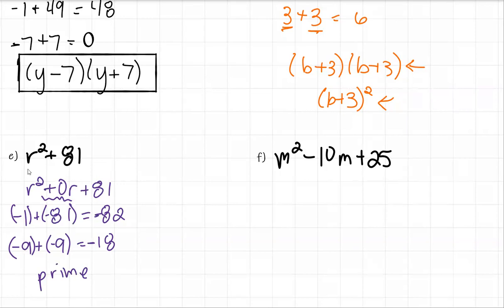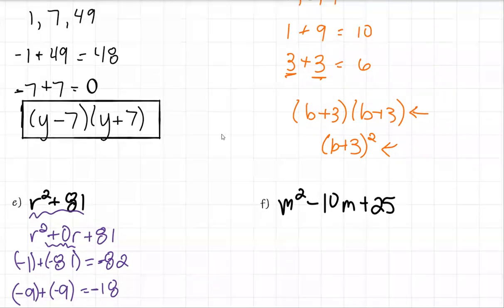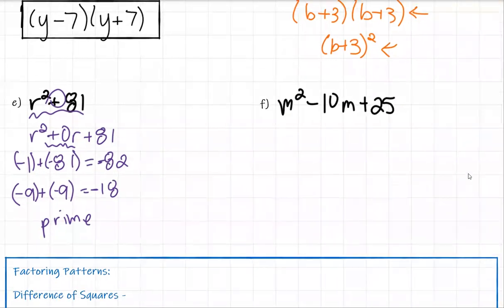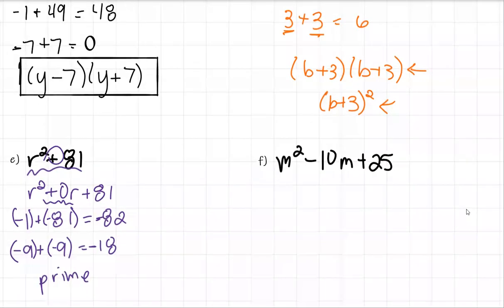Okay, so we can't factor this one, even though it looks a lot like part C, right? Just notice the difference. In part C, I was subtracting, but in part E, I was adding. Okay, so we'll want to hold on to that for a few minutes.